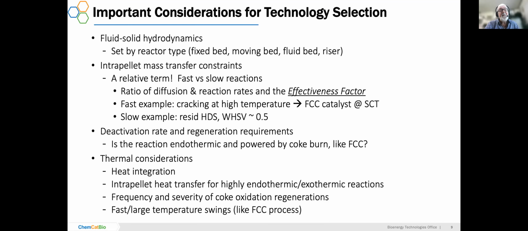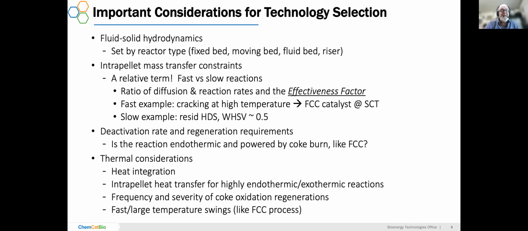There are other things that are important: the deactivation rate, not just by coking, but of course by the irreversible deactivation from contaminants. And kind of connected to that is the regeneration requirement, how frequently, whatever, and then is the reaction endothermic, and do we need the energy from burning that coke like the FCC? That's what powers the endothermic cracking. Okay, that's an important consideration.